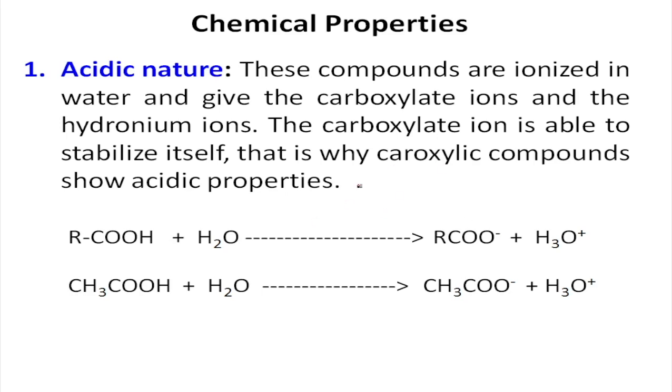The O-H bond breaks to form H plus, and the H plus pairs with H2O. So you can see RCOO minus and H3O plus. The ion formed gives the carboxylic acid its acidic property.